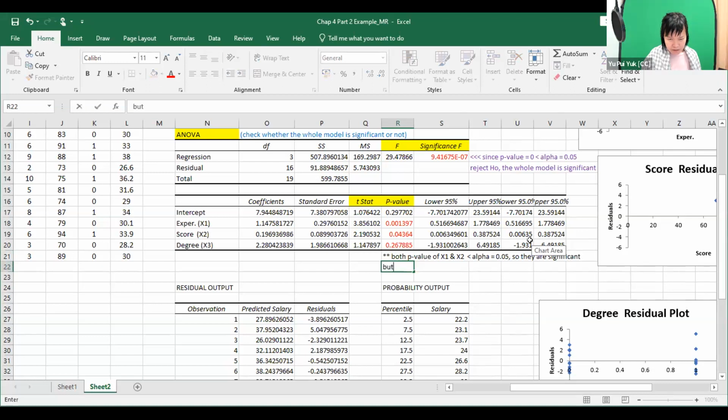However, the p-value of X3, which is 0.268, is larger than alpha equal to 0.05. So X3 is not significant in the regression model.